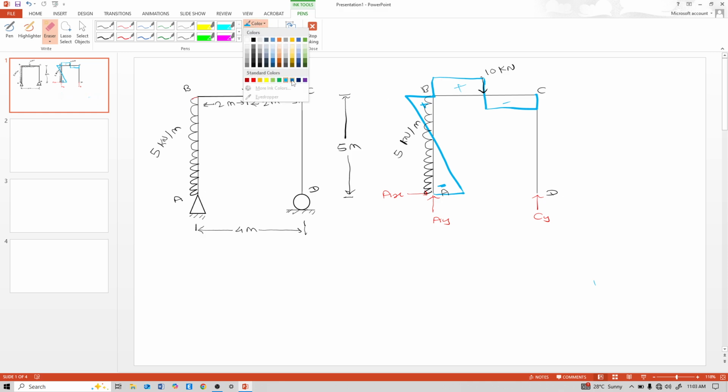Now let's think about the bending moment diagram. At point A, the bending moment is zero due to the pin support, and due to this 5 kN UDL, there is a parabolic curved line for this bending moment diagram.